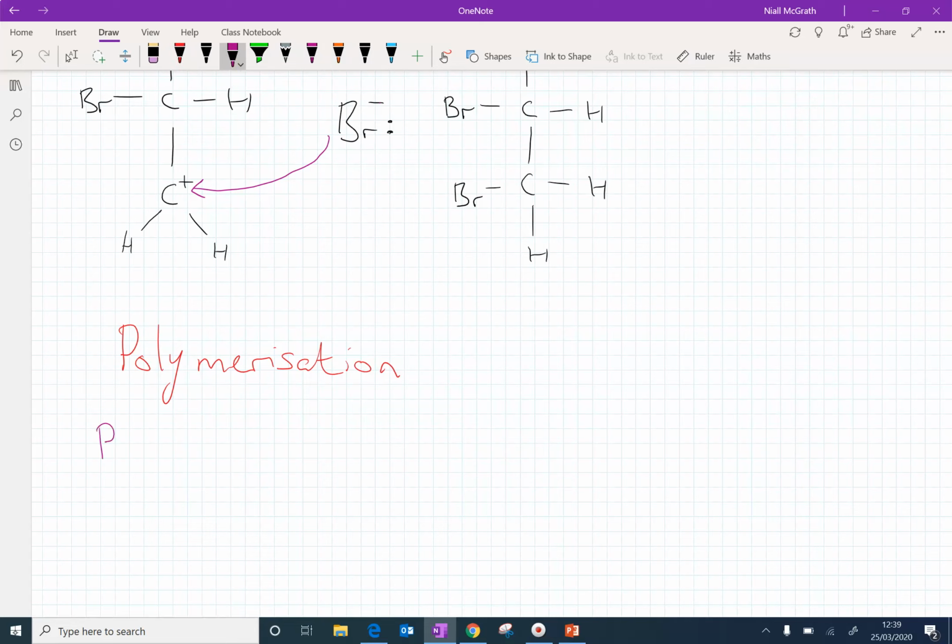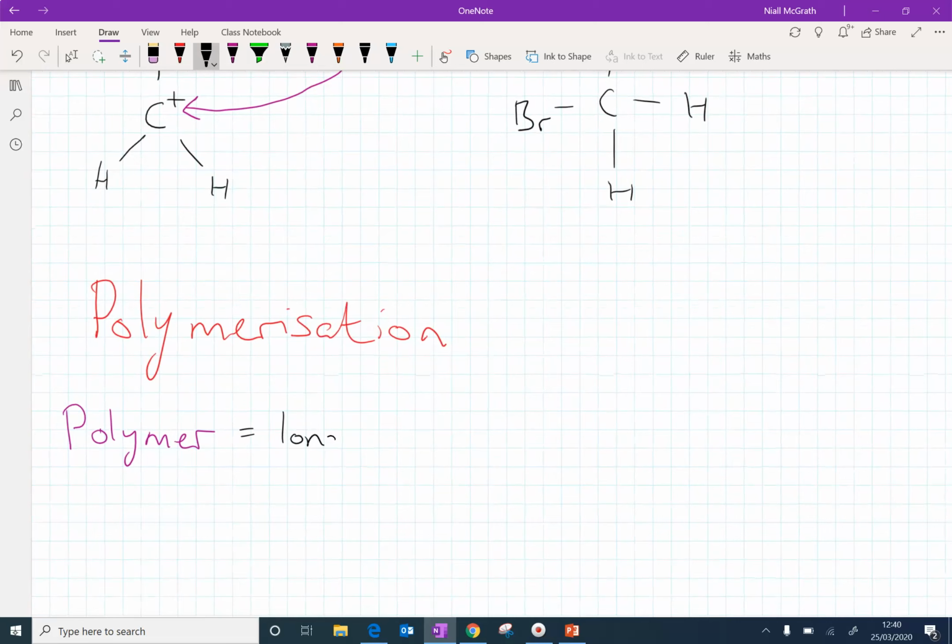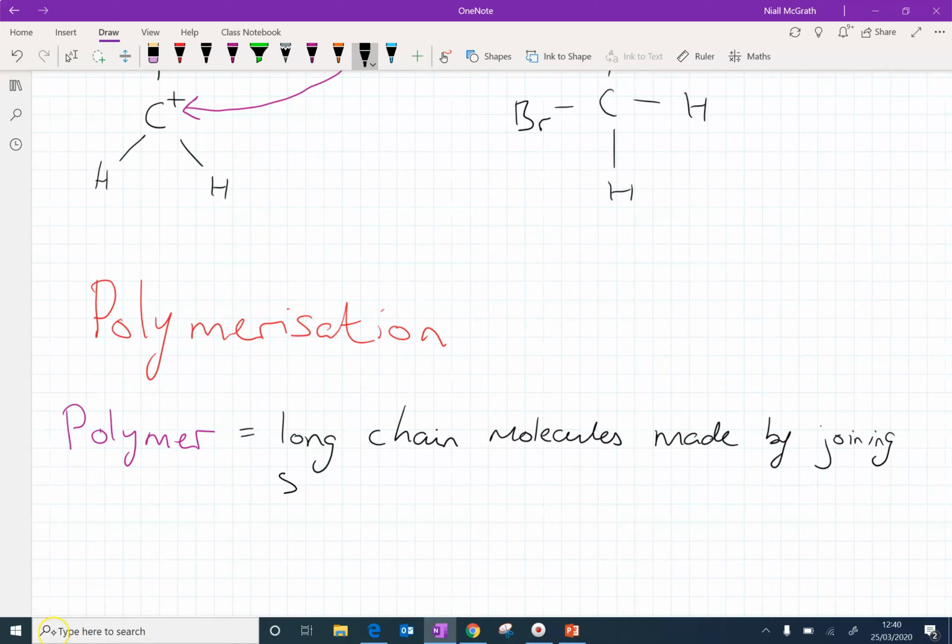So a polymer, if you ask what a polymer is, they are long chain molecules made by joining many small molecules.